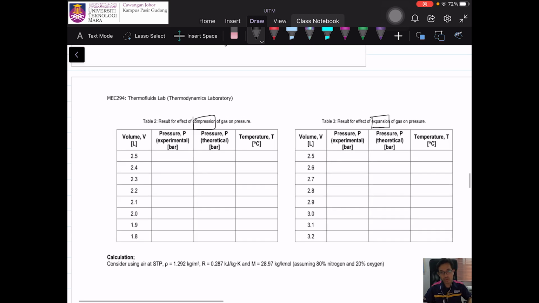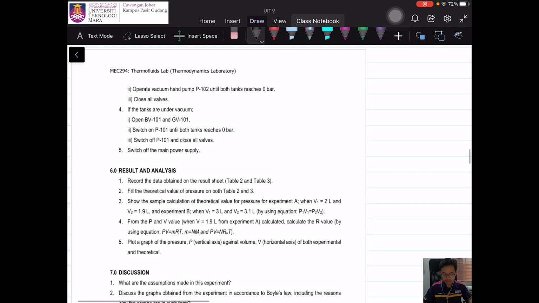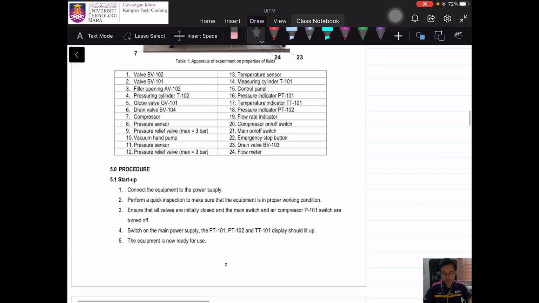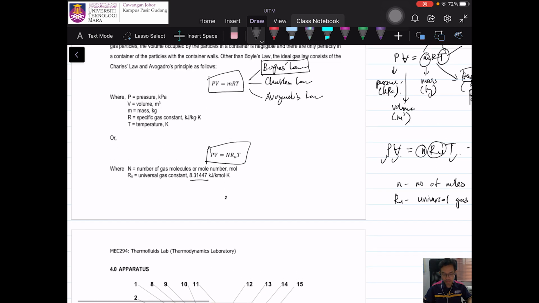Okay, you can follow or look at the link for the procedure. There is also a video on how to do the experiments, but with slightly different equipment from our example just now.